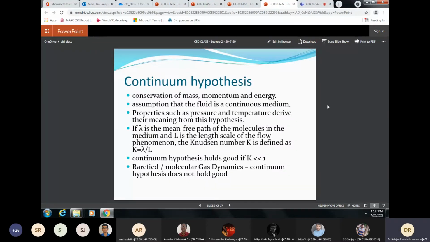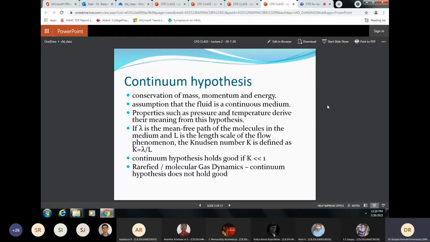Now let's say lambda is the mean free path of the molecules in the medium. At ground level, this lambda is very, very small. That is, molecules are very closely packed together, so density is more. On average, in a unit volume, what is the distance between collisions of two molecules? Obviously, if you have more people in the room, they will collide with each other more frequently.